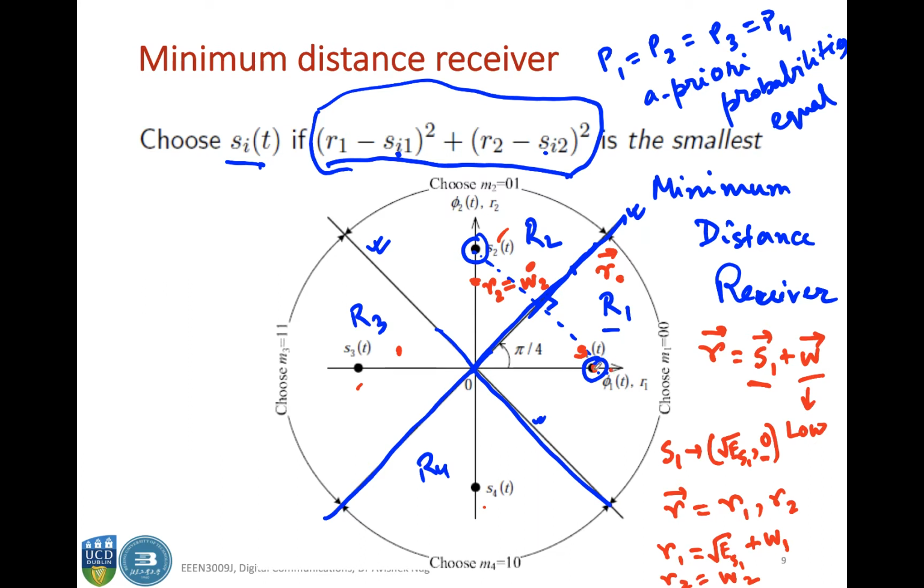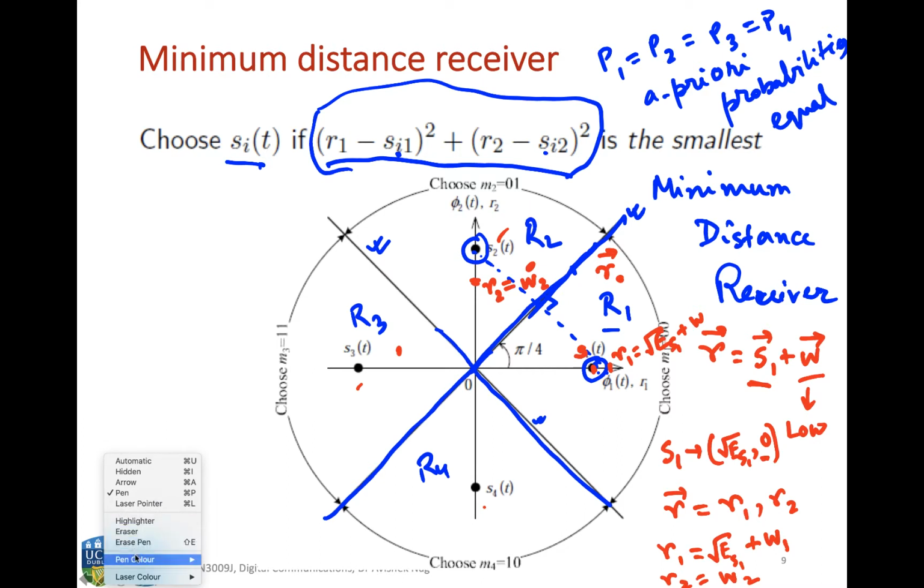Let's say this is square root of E already, and this part is square root of E plus W1. So this is my R1, which is square root of E S1 plus W1. These are the two components of my received signal after addition of noise.